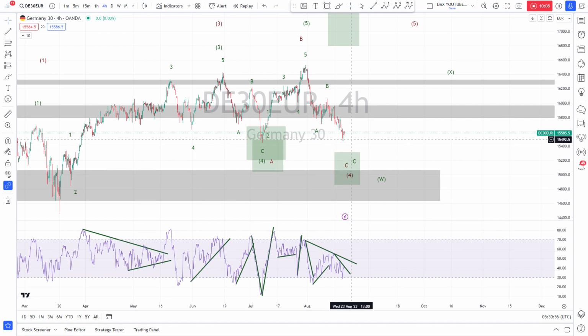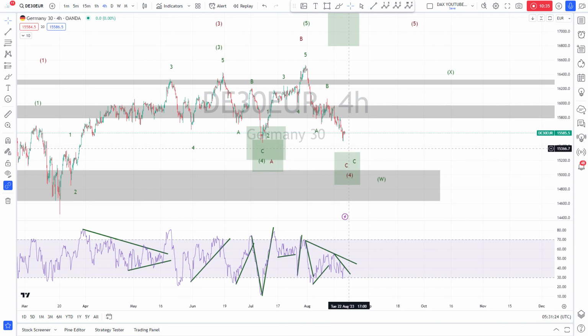If we get here just the ABC correction, then I think we will only reach, let's say, the upper boundary here of this area.